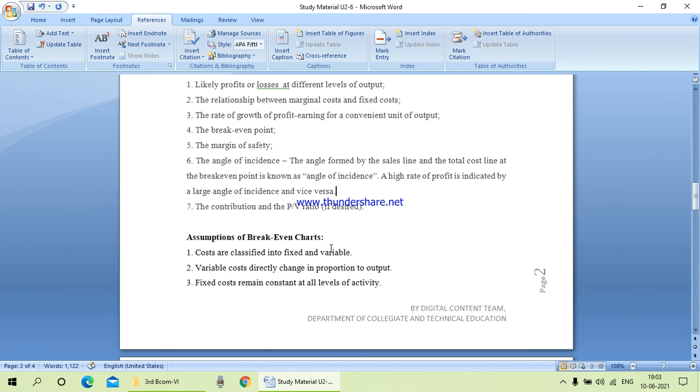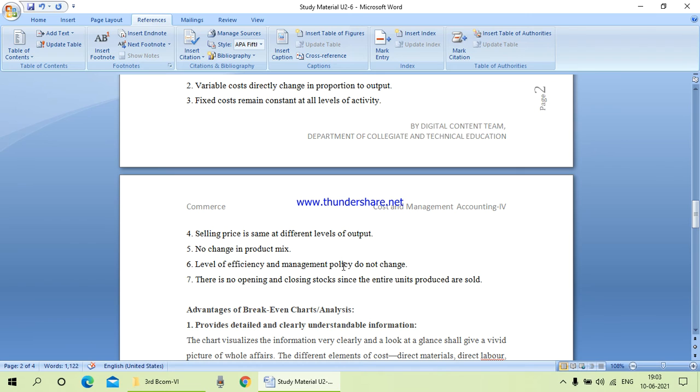Then assumptions of the break-even chart. Costs are classified into fixed and variable. Variable costs directly change in proportion to output. Fixed costs remain constant at all levels of activity. Selling price is the same at different levels of output.